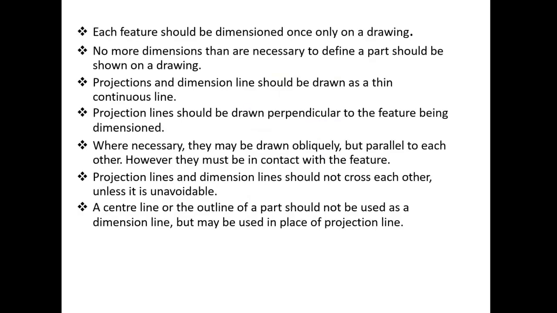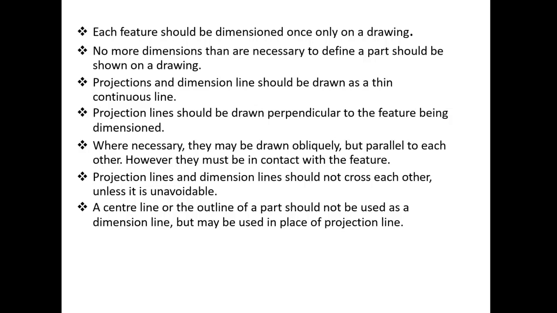Each feature should be dimensioned once only on a diagram. No more dimensions than are necessary to define a part should be drawn on a drawing. Many students make the mistake that they give dimensions to each and every part of the drawing.